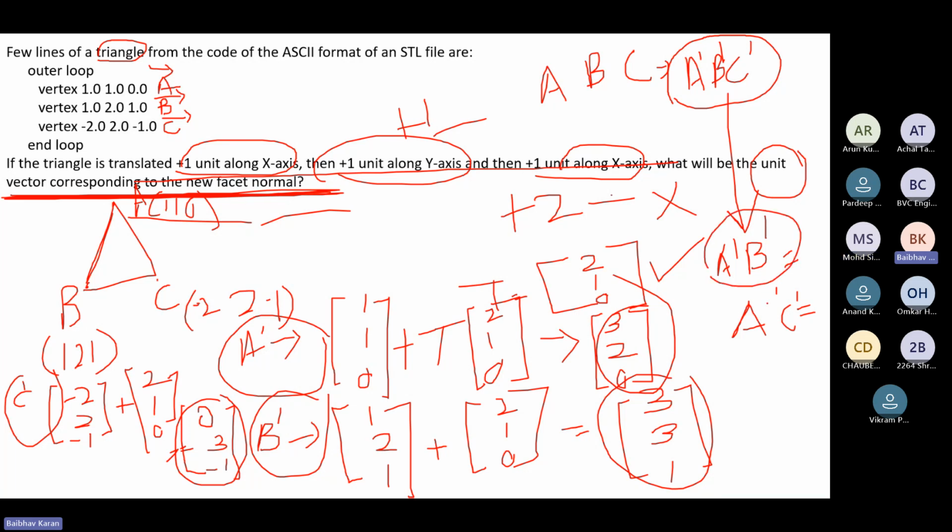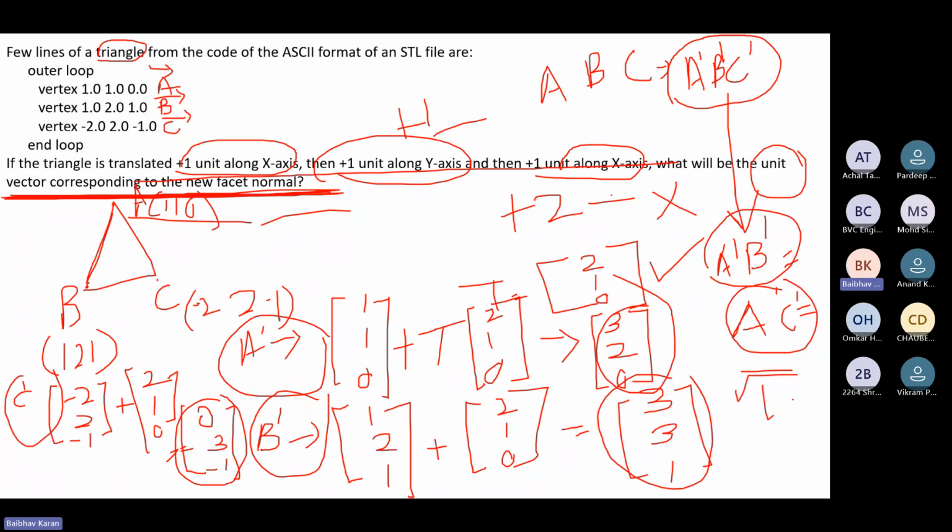We'll be finding the vectors A dash B dash and A dash C dash, and then the unit vector by the dot product divided by the magnitude. A dash B dash dot A dash C dash divided by the magnitude. This will give you the unit vector corresponding to the facet normal. That's how you solve this question. Did you get it? Yes, sir. Perfect.